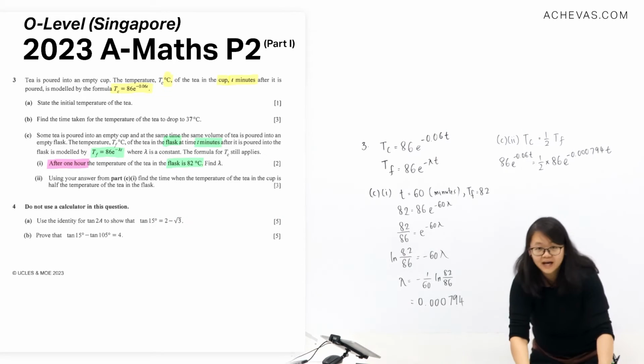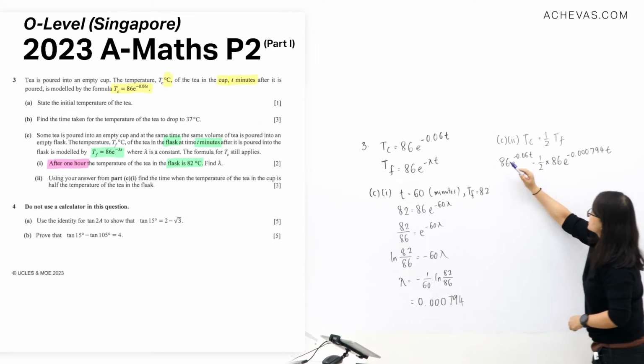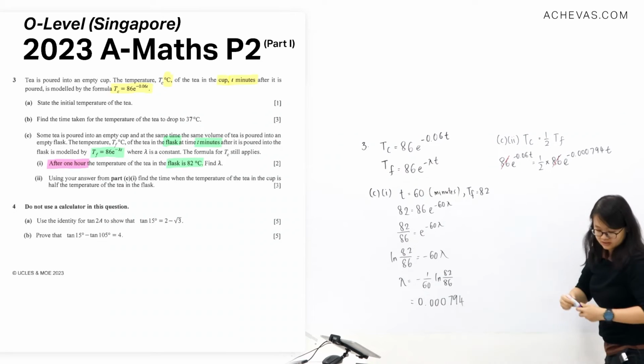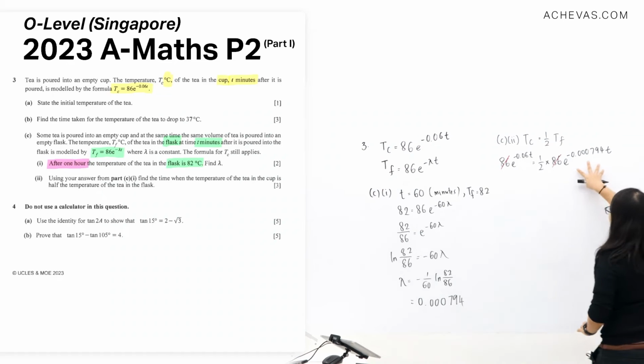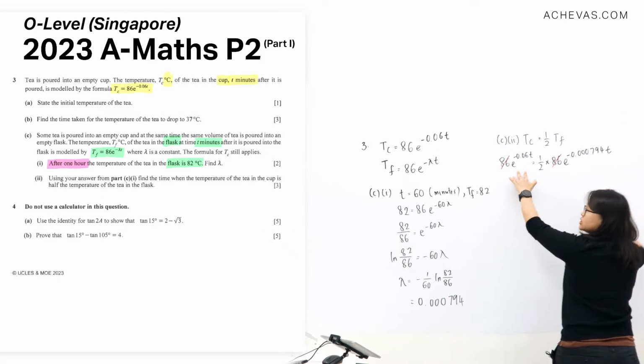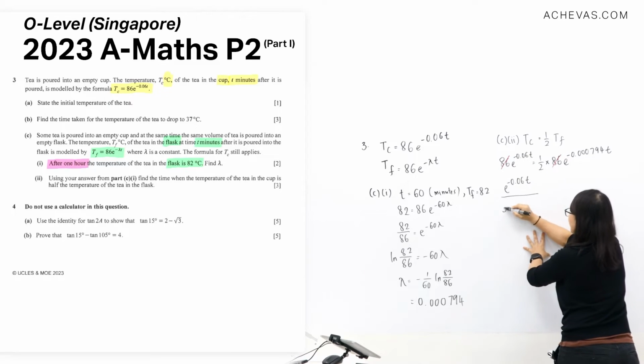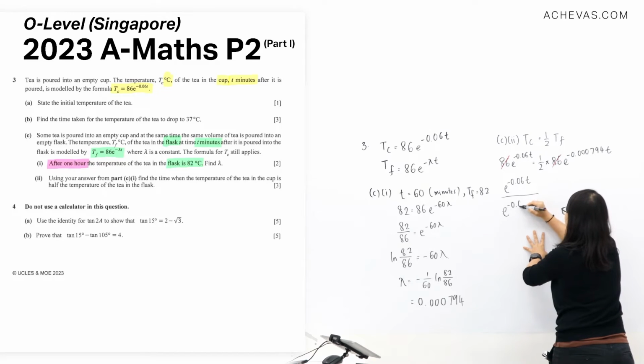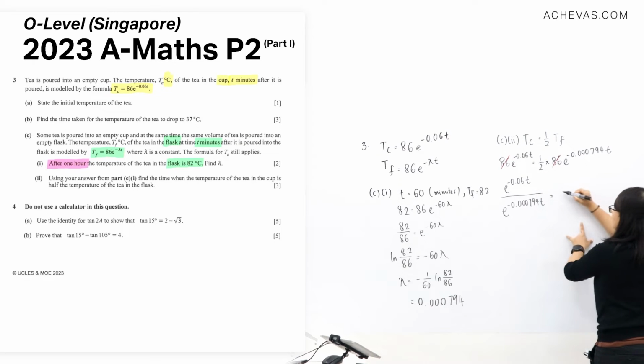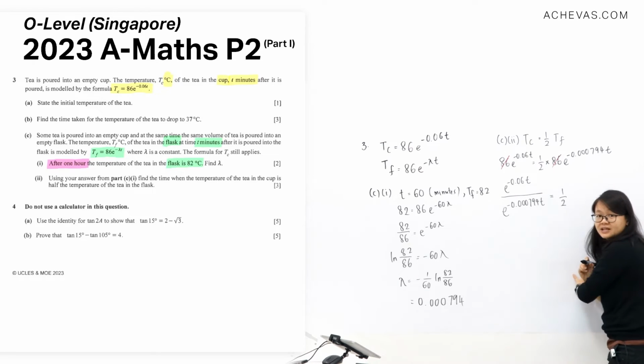Now the next step, we are going to divide by 86 both sides. And I am also going to bring the whole exponent on the right hand side to the left. So I'll be getting exponent of negative 0.06 t divided by exponent of negative 0.000794 t equals to the right hand side, which I have half.